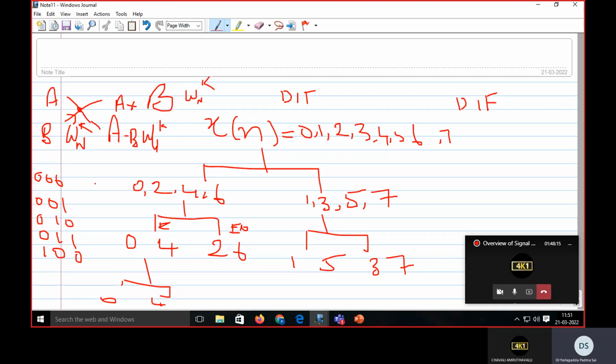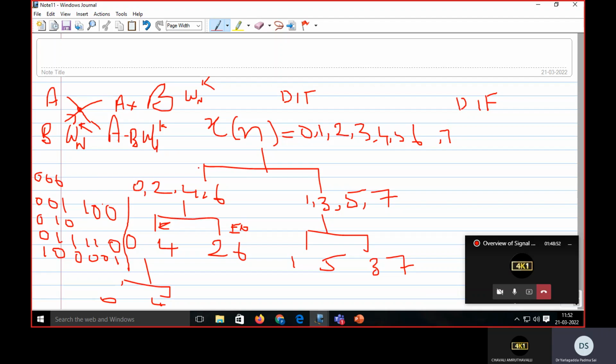If you arrange in bit reversal, once again 0 0, then 1 0, 0 1 0 is 2, here also 2. Now 0 1 1 becomes 6. That is, the last row is in bit reversal order. 0 0 1 in bit reversal order is 1 0, this is 4.